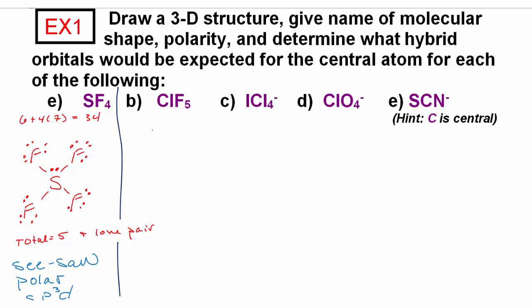Chlorine pentafluoride, 7 plus 5 times 7, 42 valence electrons.